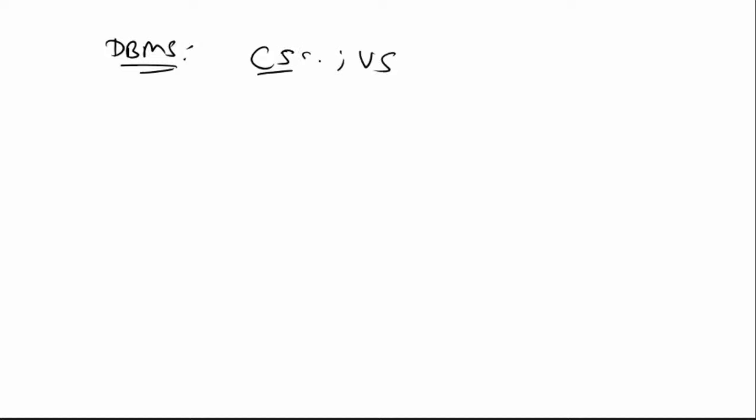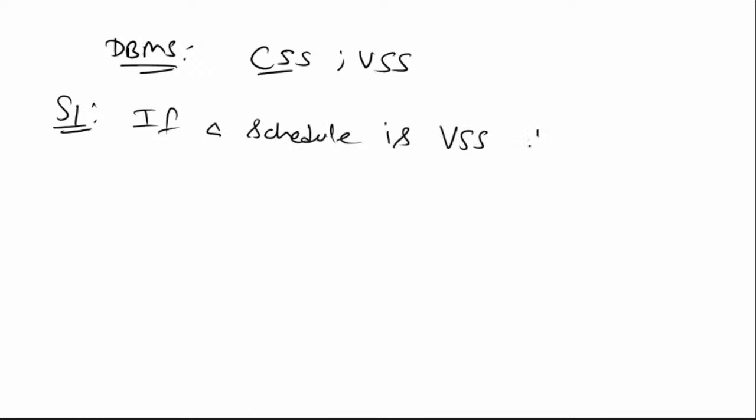Now consider this statement, statement S1, that if a schedule is view serializable, then it is conflict serializable. Tell me, is this S1 true or false?